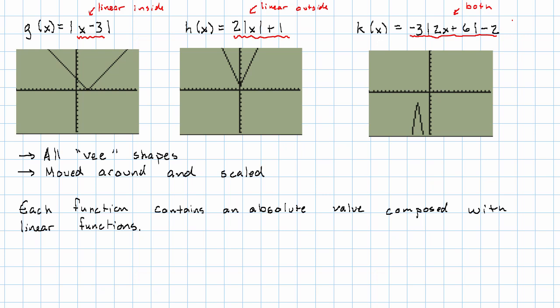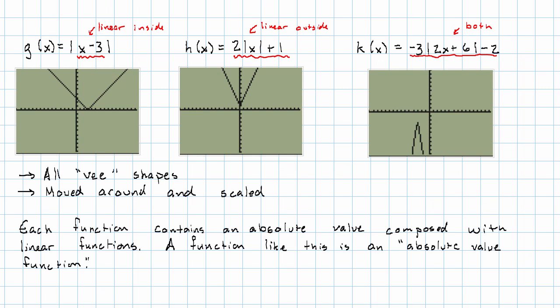But they're all absolute values composed with linear functions. We call a function like this an absolute value function. And we can learn a method for graphing one of these absolute value functions based on our knowledge that they're all the same shape, which is what we're going to do in the next video.